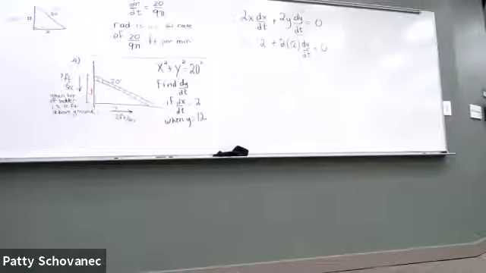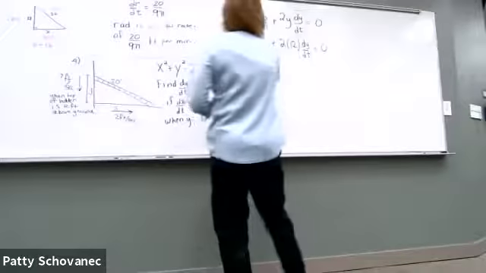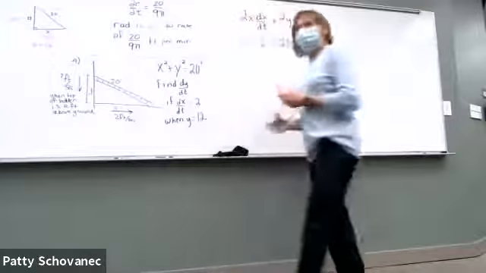That's 16. It should be 4 times 4, right? It's a 3, 4, 5 triangle. So x is going to be 16. So we put the 16 in the parentheses over here. And then we're going to solve for dy/dt.